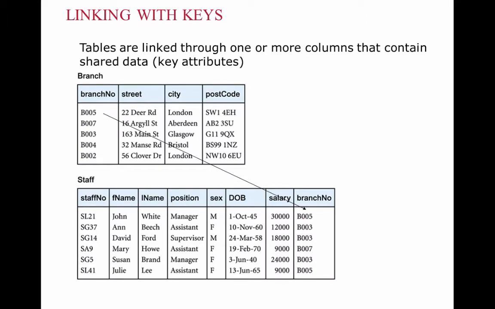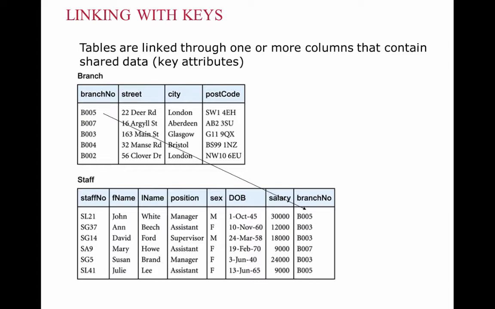So you have multiple tables, and you intentionally have certain columns where the data are shared, where the data are the same in both tables. And that column or set of columns can be multiple columns. That helps us hook the rows up.